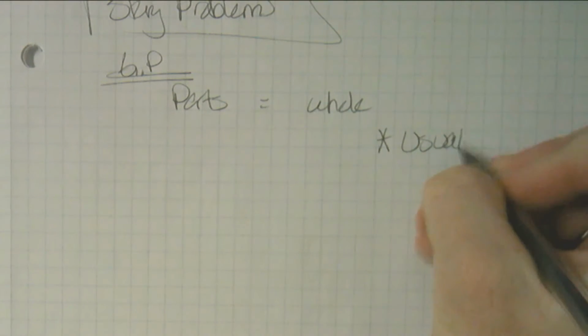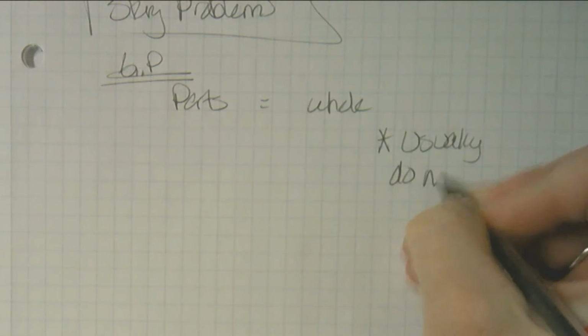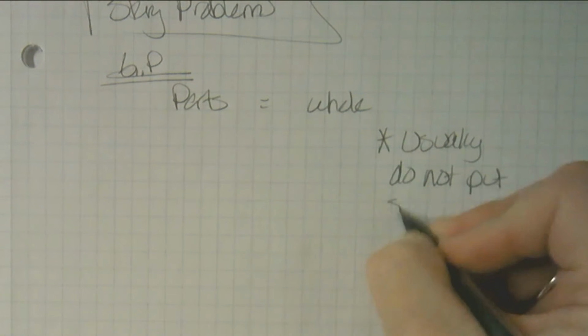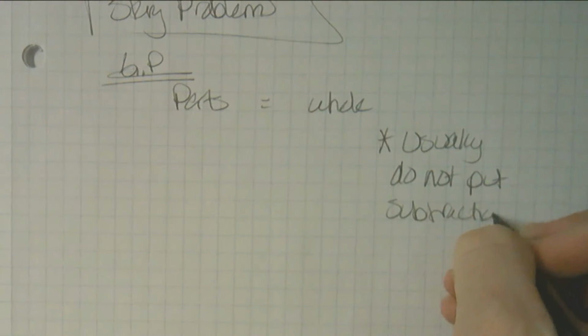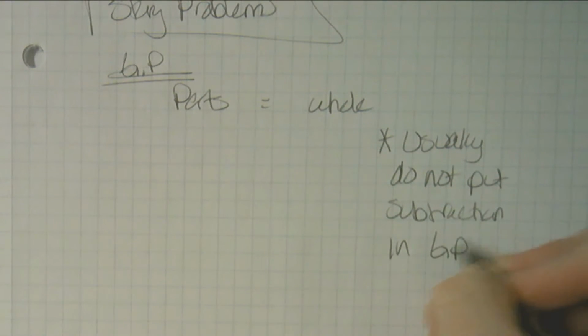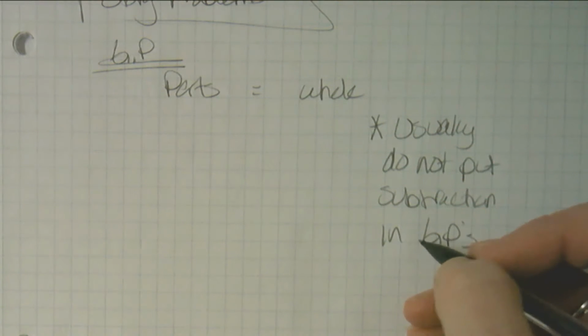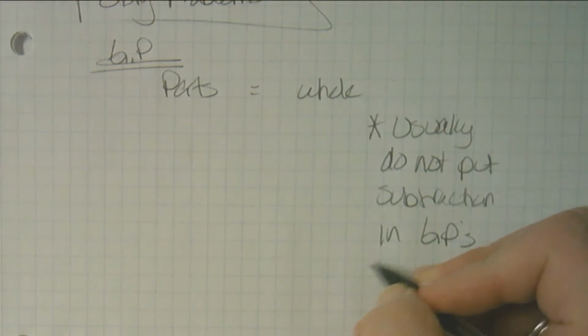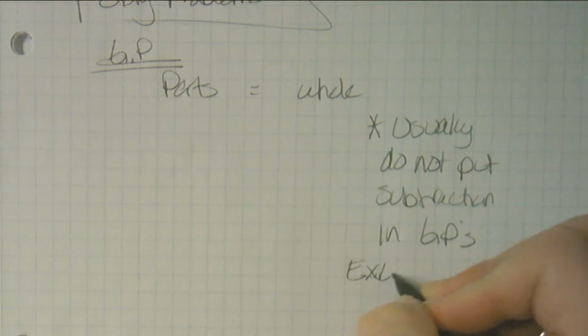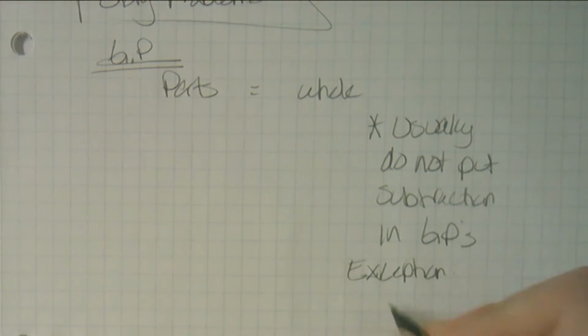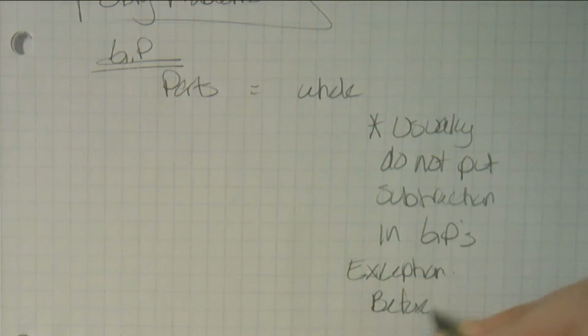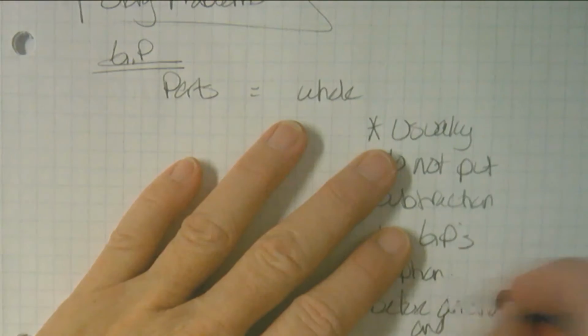Usually, do not put subtraction in game plans. The only time we do is when we have a before and an after. So our exception is when we have a before amount and an after amount.